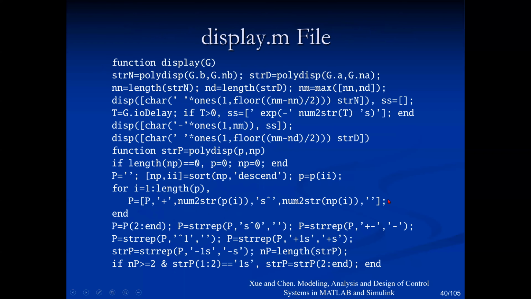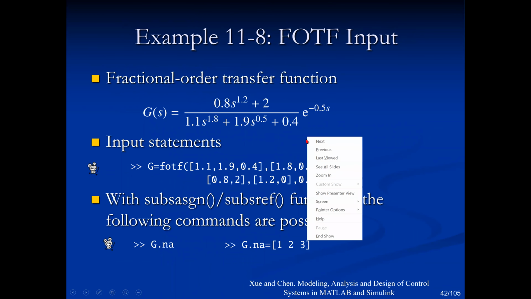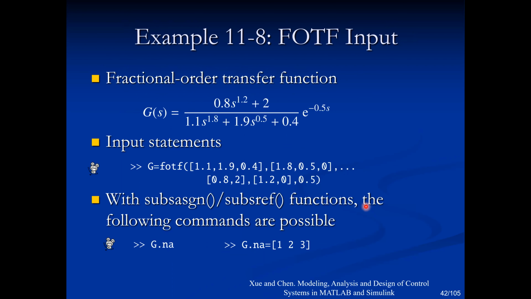So this is how he realized this. Say, for example, you have a system like this. You have a delay in here. So you have orders in here. You have all the coefficients. You have orders. So what you should do is the A coefficients are 1.1, 1.9, 0.4.